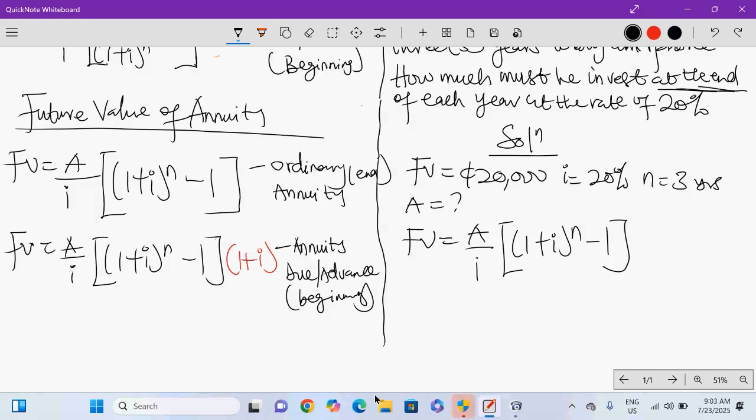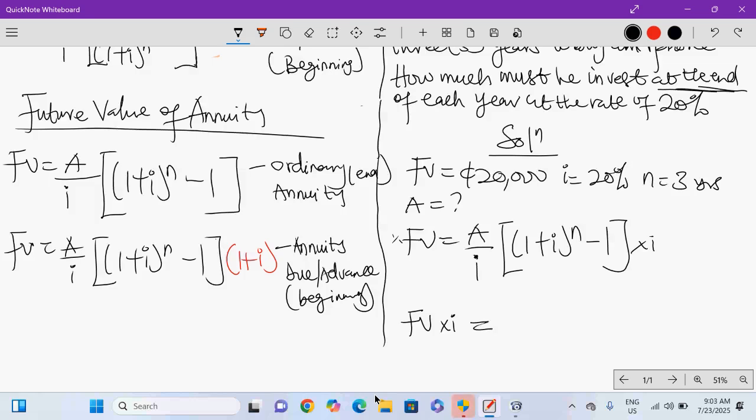So now we want to make A the subject because that is what we want to find. We multiply through by I, everywhere.